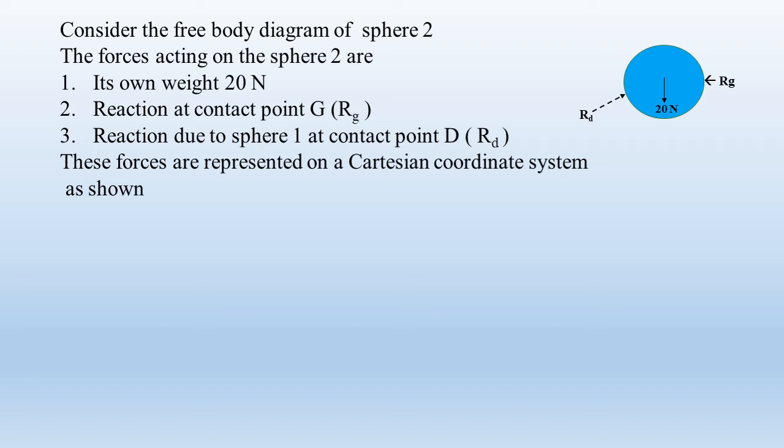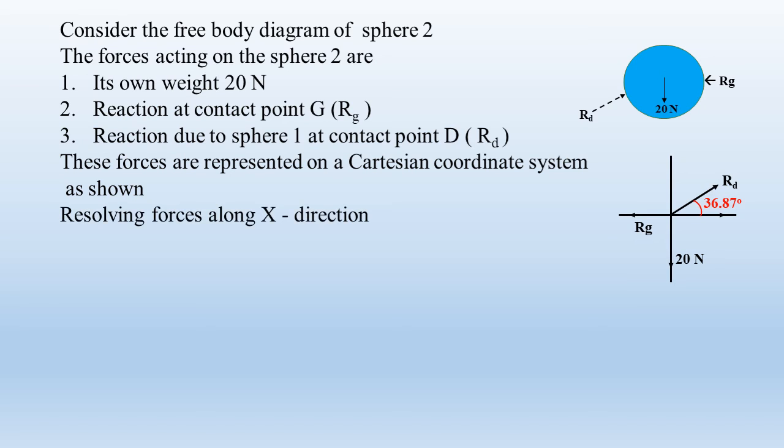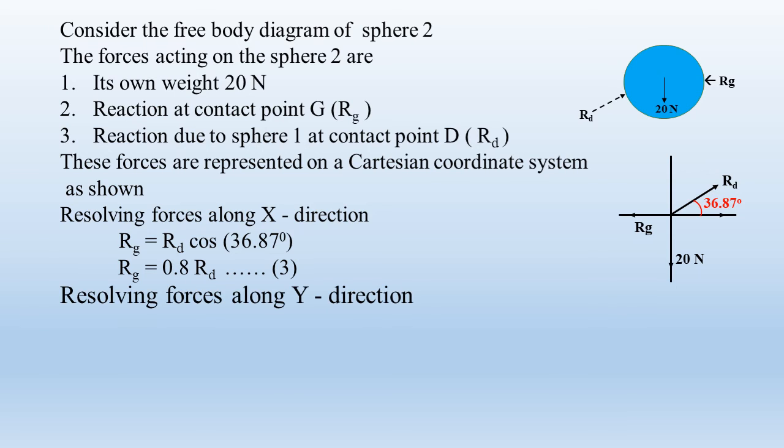These forces are represented on a Cartesian coordinate system as shown. Resolving forces along x direction, RG equals RD cos 36.87 degrees, RG equals 0.8 RD. Let us say this is equation 3.